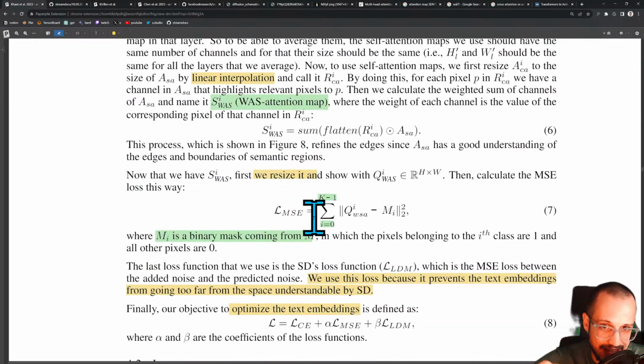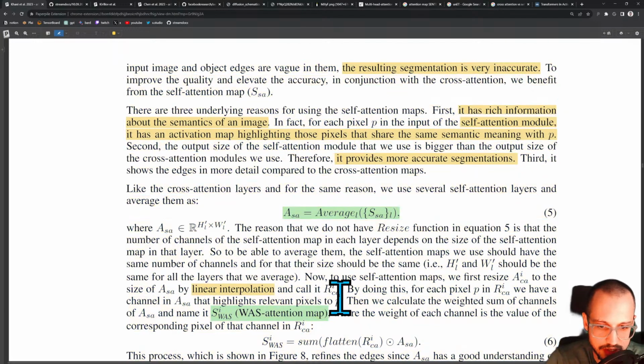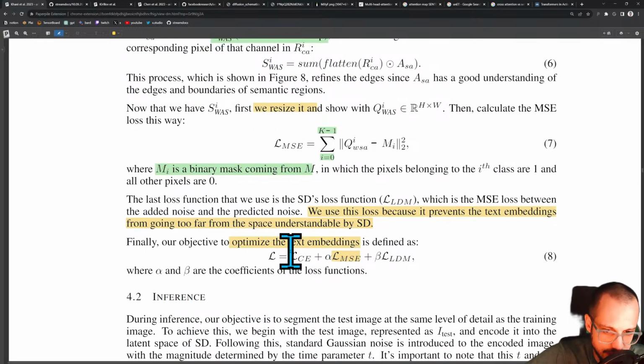Then you have a mean squared error loss where you're basically doing the MSE between this weird S_i^WAS, which is kind of like this weighted average self-attention. So this is kind of where the self-attention map is coming in. It's coming in through this S_i^WAS, which is coming in through here. So you have the cross-entropy loss, which is largely the cross-attention maps.